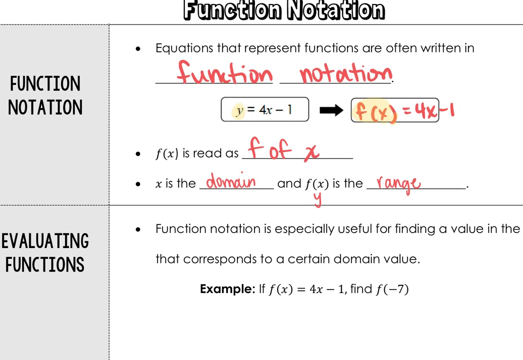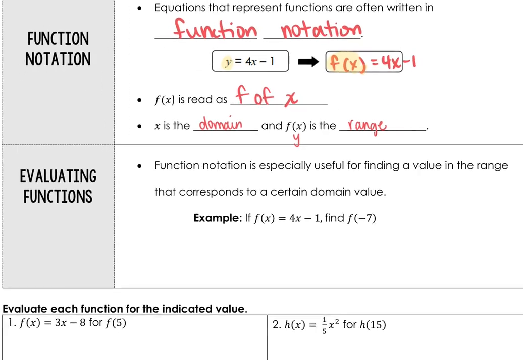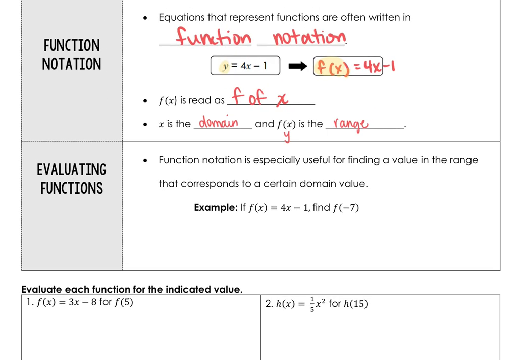Okay? So what we're going to look at today is how do we evaluate functions using this function notation. Function notation is especially useful for finding a value in the range that corresponds to a certain domain. So you're going to be given a domain, or an x value, and you're going to find what the y value, or the range, is when x is whatever it is.